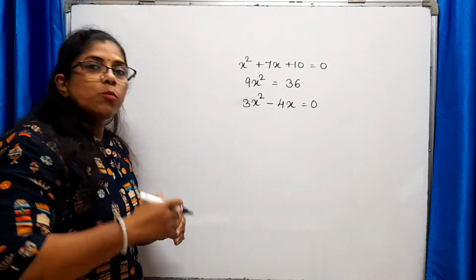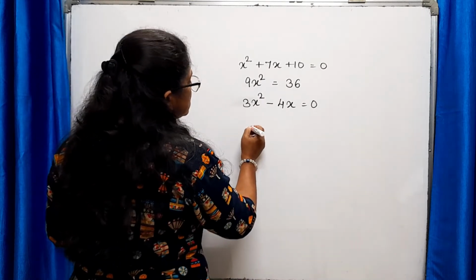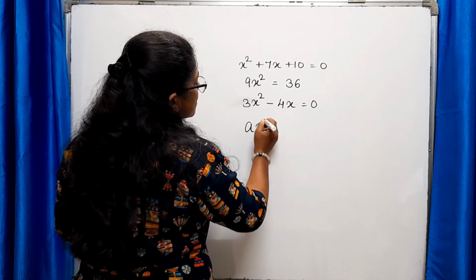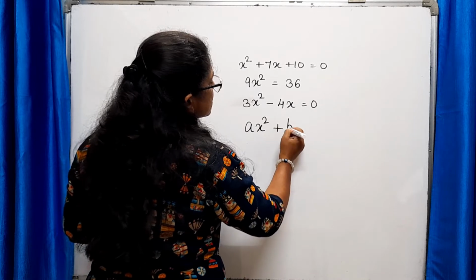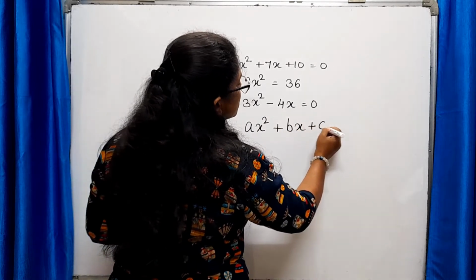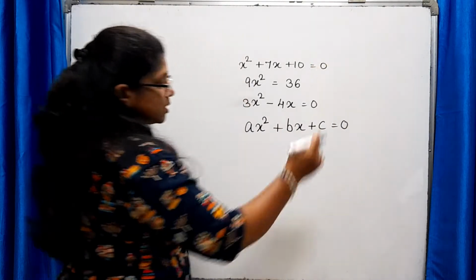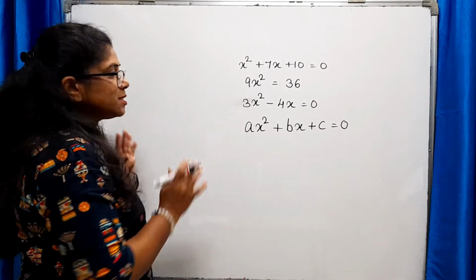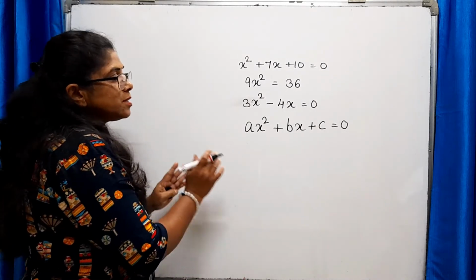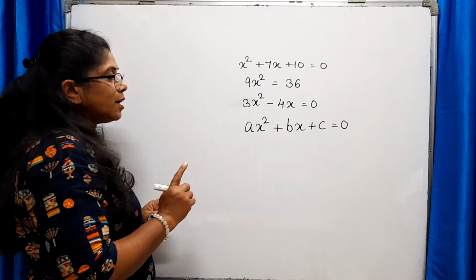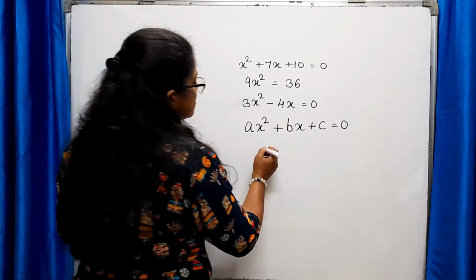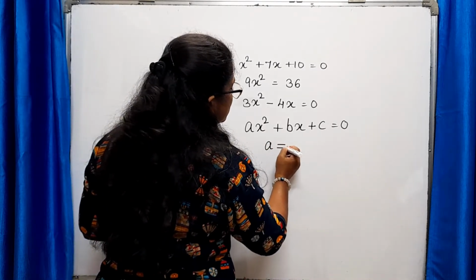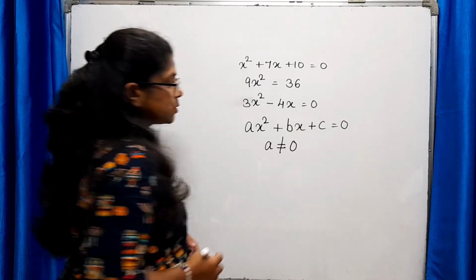So the standard form of expressing this equation is ax square plus bx plus c is equal to 0. This is the standard form of expressing the quadratic equation, and one condition applies here, that a is not equal to 0.